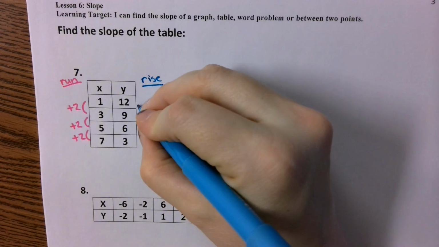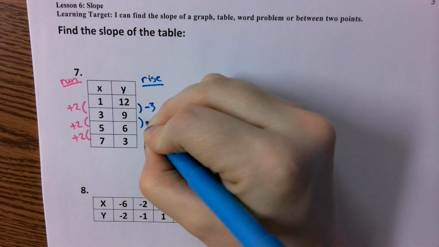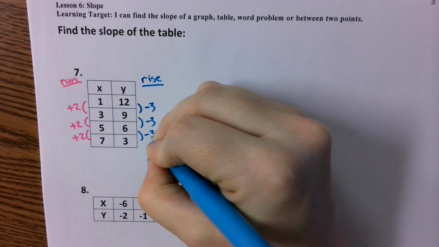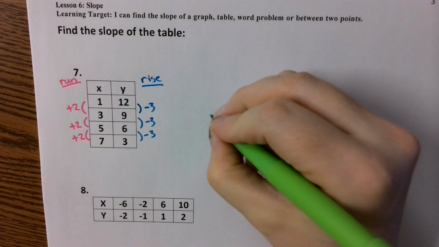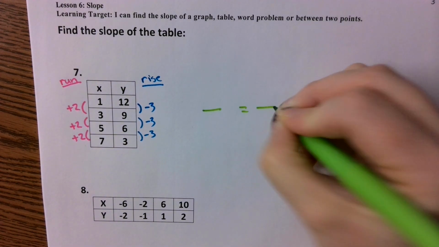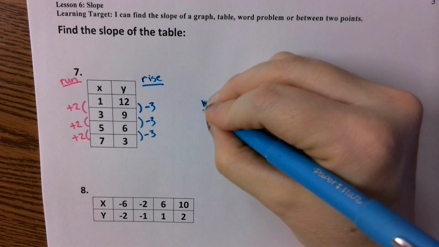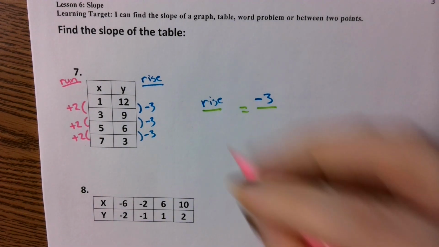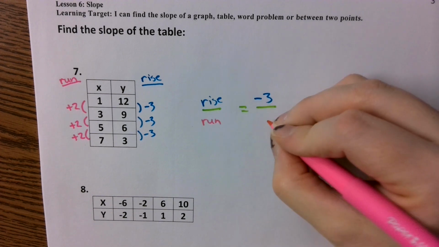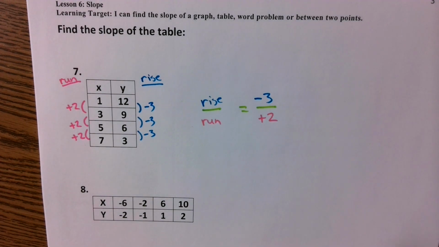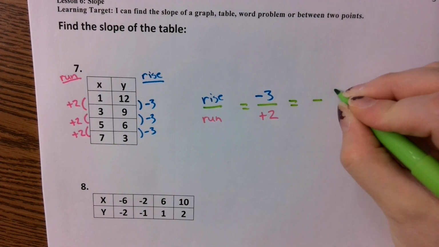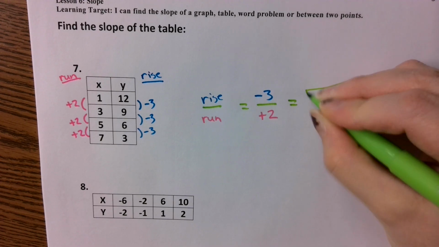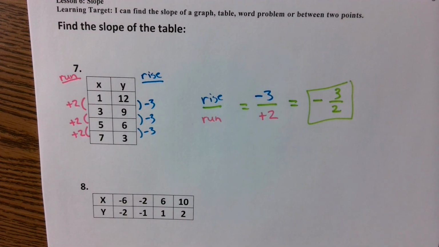Our rise happens to be decreasing by 3 every single time. So when we are talking about our actual slope, the rise has a change of -3. The run has a change of +2. So that means we're dealing with a -3/2 for our slope. Go ahead and do problem number 8 on your own.